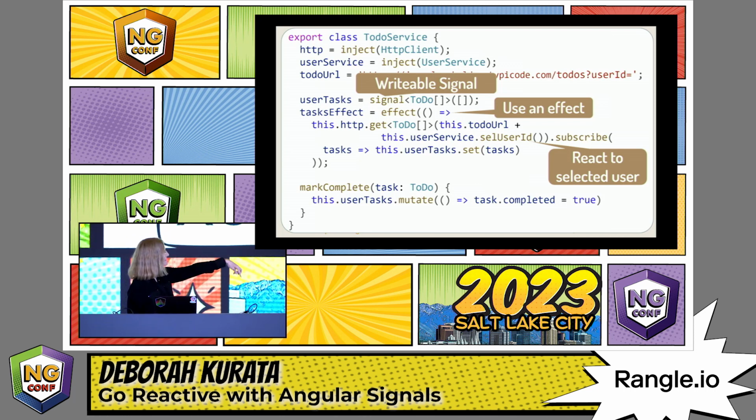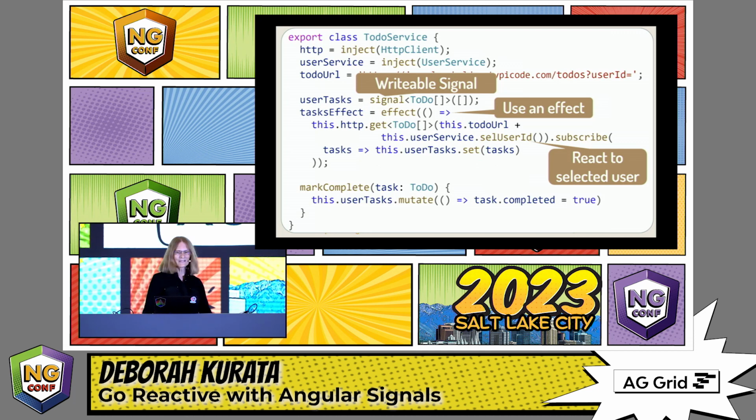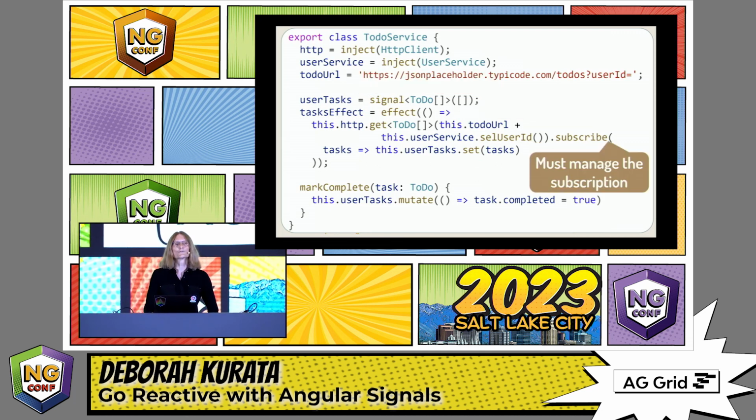In our effect, we're just issuing an HTTP GET, and we have our URL there, including that ID. Every time that ID changes, it will cause that GET to re-execute. The big downside of this is we have to manage our subscriptions ourselves, so we have to subscribe, which means we also have to unsubscribe.